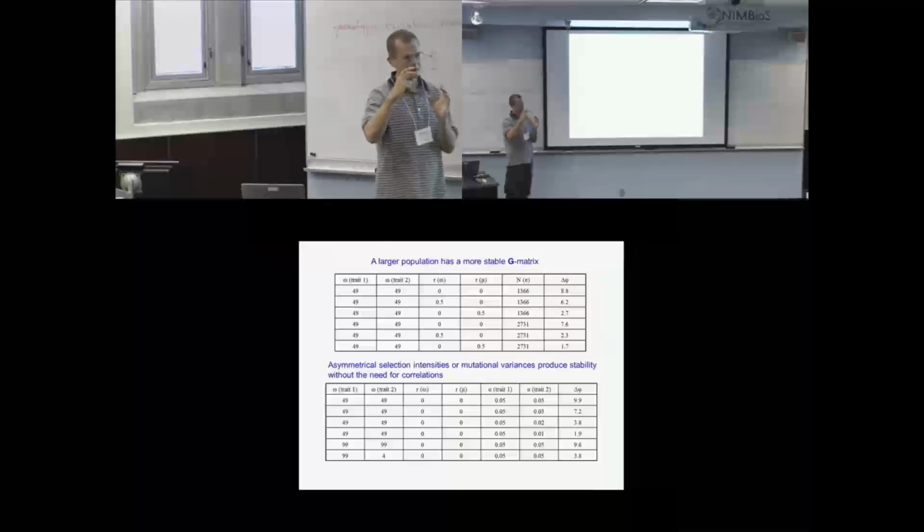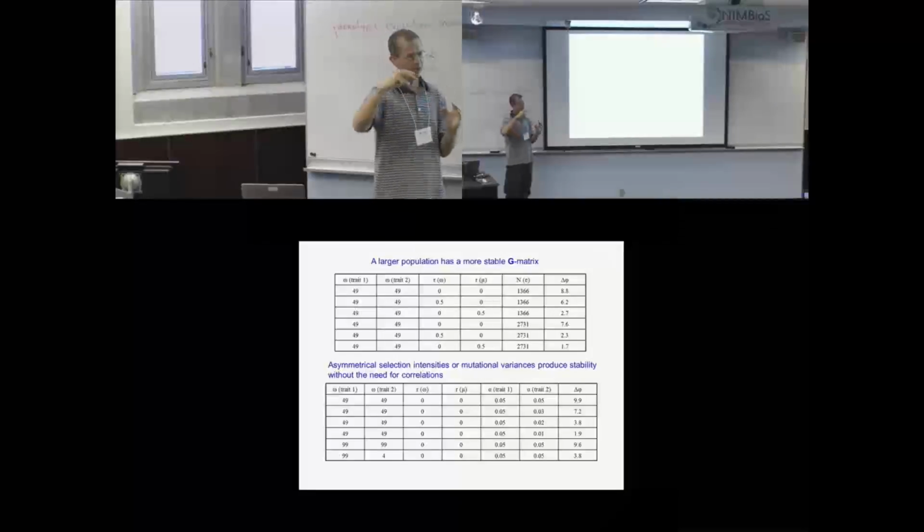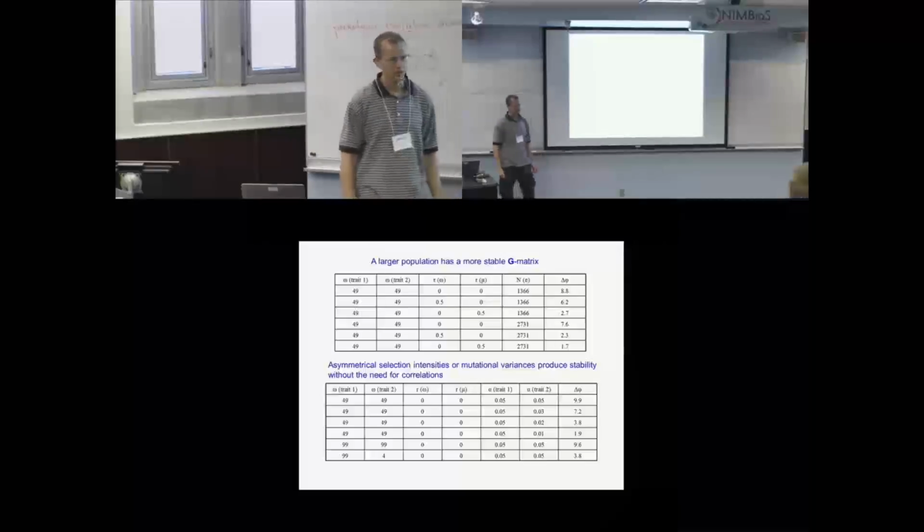And it takes larger effects due to genetic drift, larger changes in allele frequencies, to change the orientation of a really eccentric G matrix compared to a round one. Because very small changes in the variance of either trait change the orientation of the eigenvectors in a round G matrix, but in a really eccentric G matrix, it takes a lot more to change the orientation of the eigenvectors.